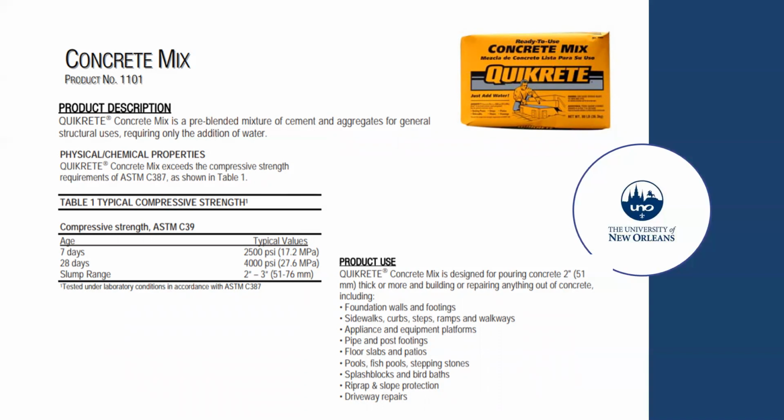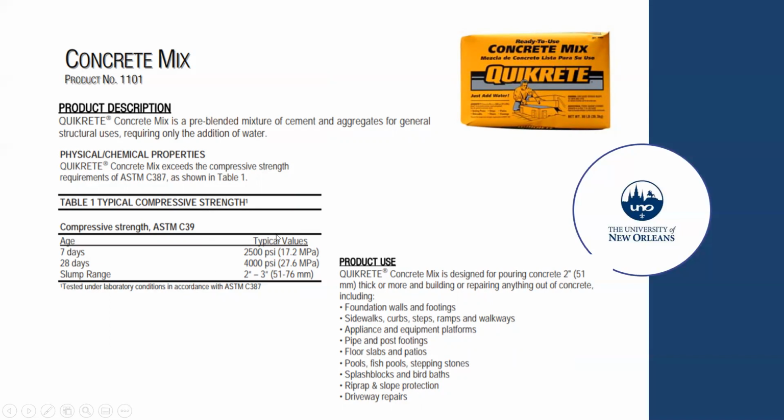Okay. Physical and chemical properties. Quikrete concrete mix exceeds the compressive strength requirements of ASTM, American Society for Testing and Materials, C387, as shown in Table 1. It exceeds, but it's not less than.